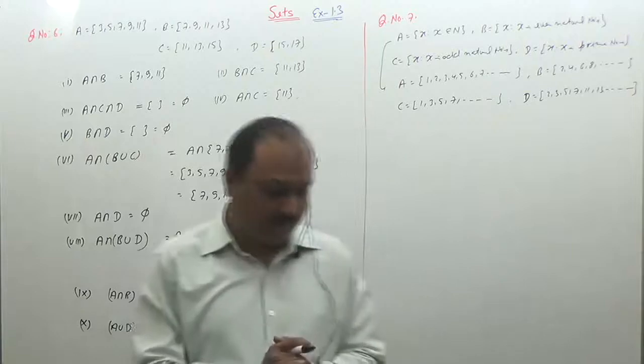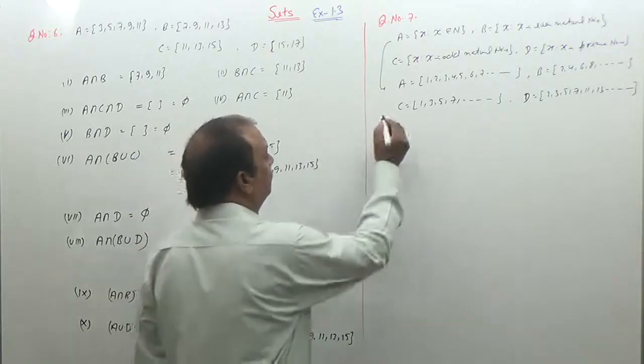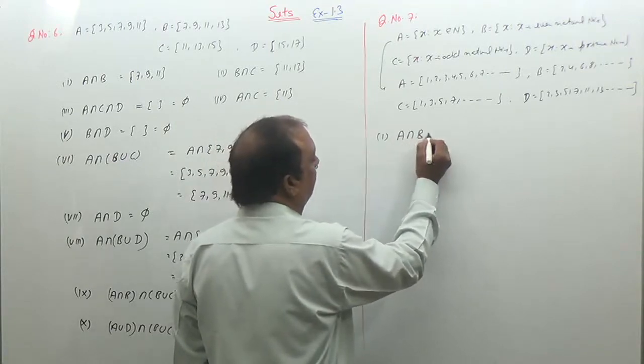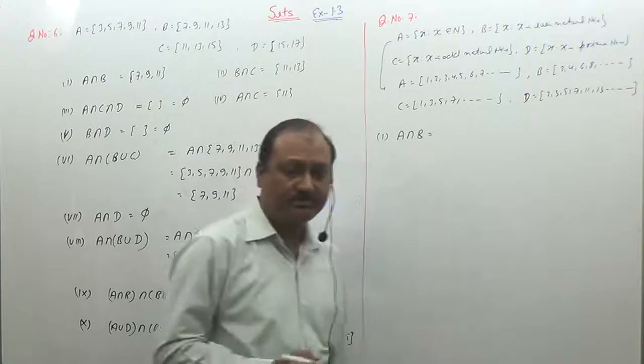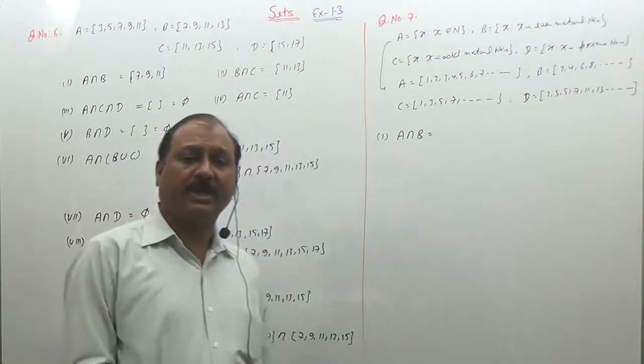So now the first question is what is A intersection B? That is, what are the common elements between A and B?